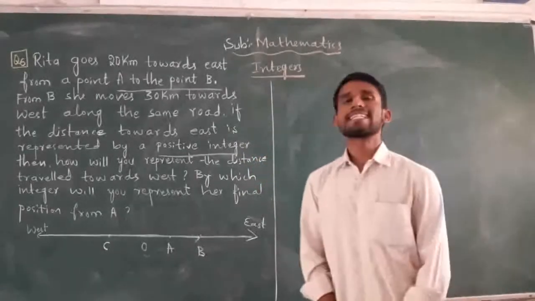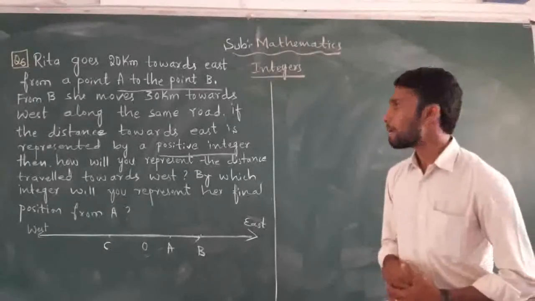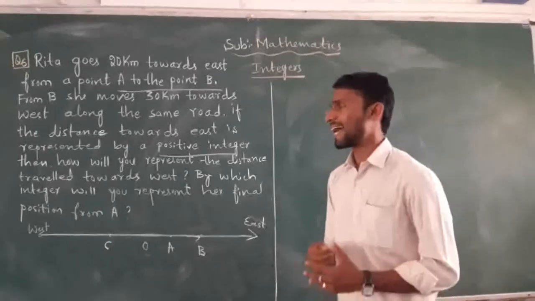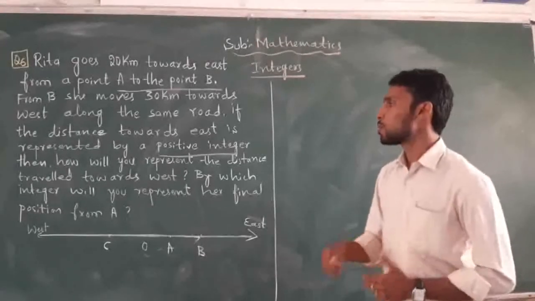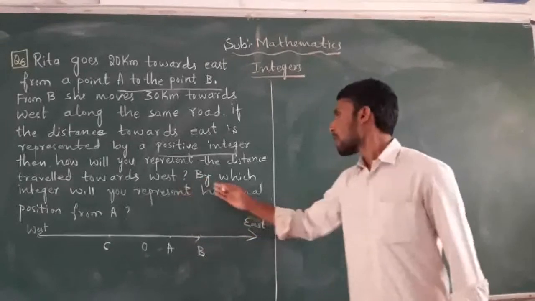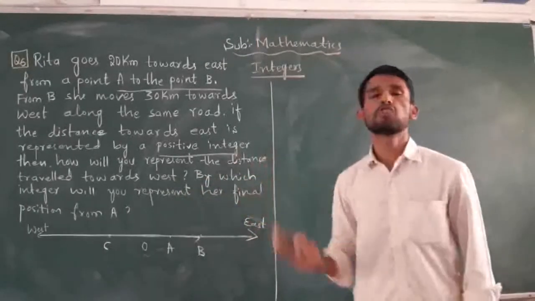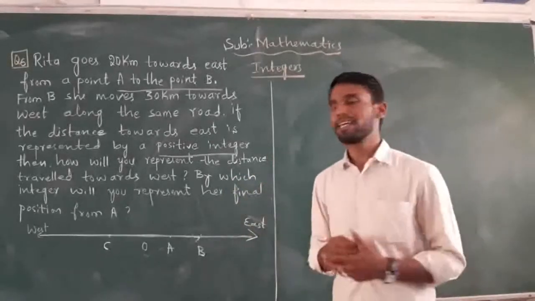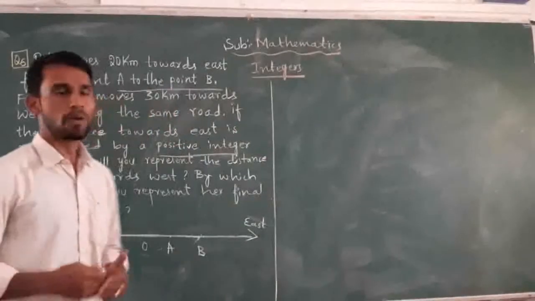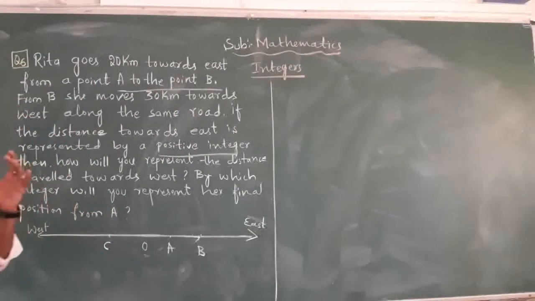If the distance towards the east is represented by a positive integer, then how will you represent the distance traveled towards the west? By which integer will you represent the final position from A? In the question a number line is already given. We have to observe the number line. Before that, we have to understand the question properly.